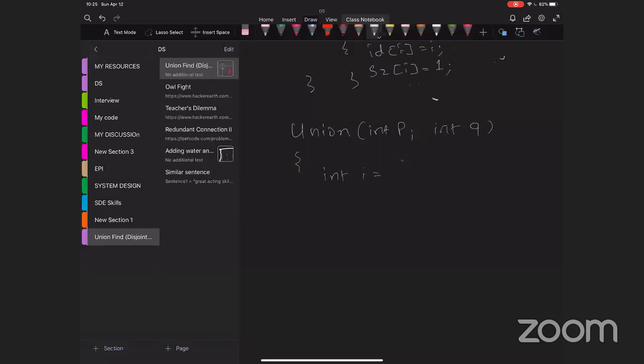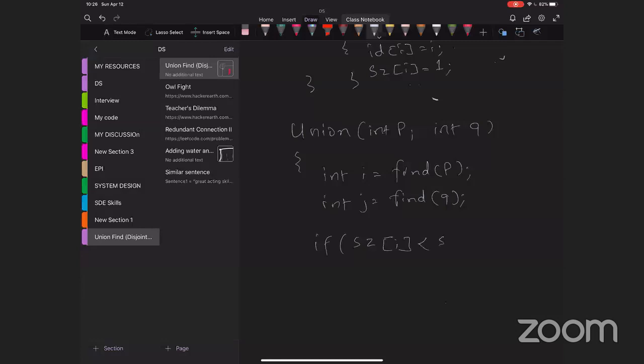we are going to find P and we are going to find Q. Now, instead of simply making i a child of j or j a child of i, I'm going to check size of i.